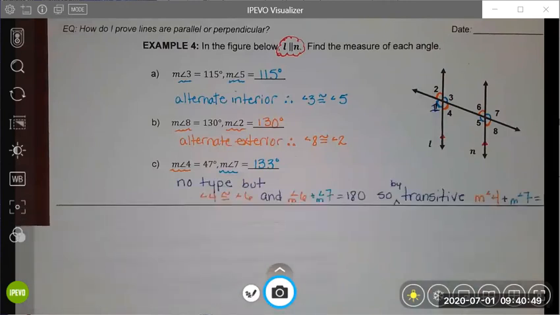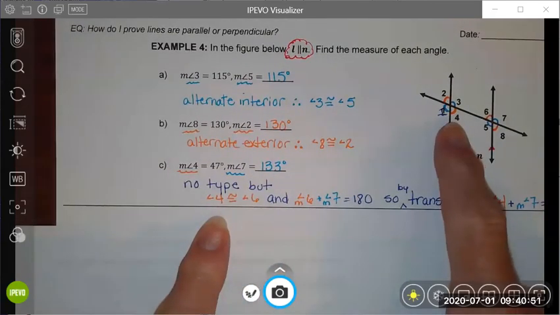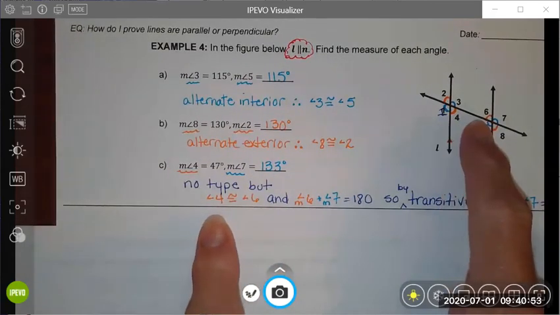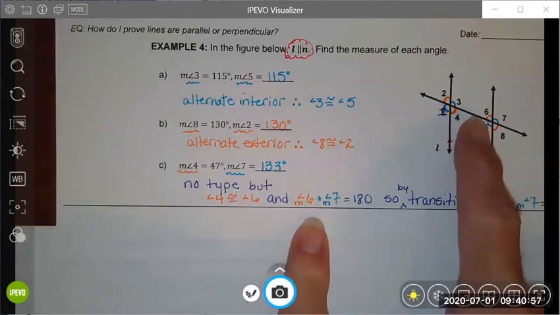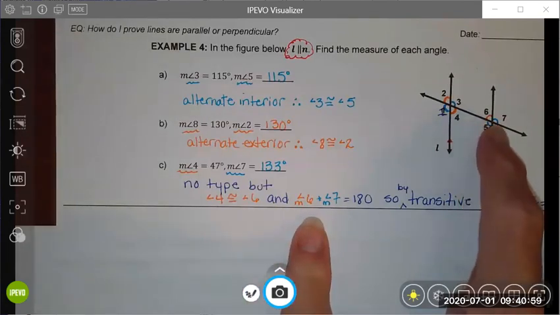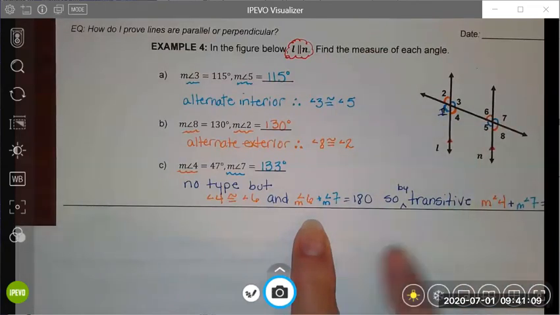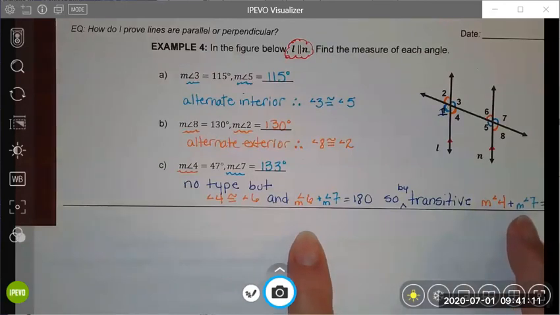However, I know that angle 4 and angle 6 are congruent. Those are alternate interior angles. And I know angle 6 and angle 7 form a linear pair and are therefore supplementary. And if I use substitution, I can say that angle 4 plus angle 7 are supplementary.